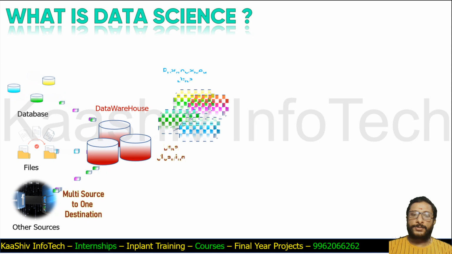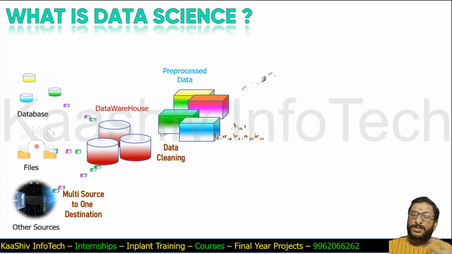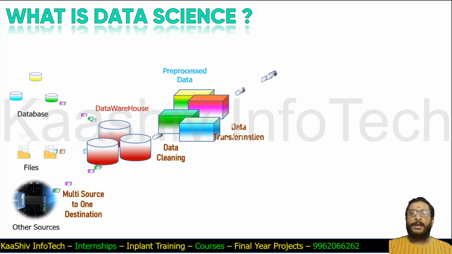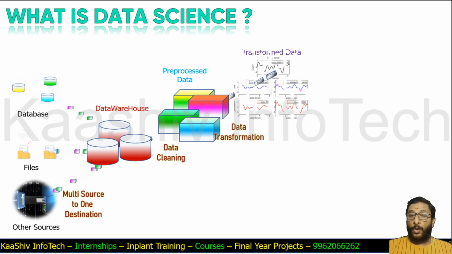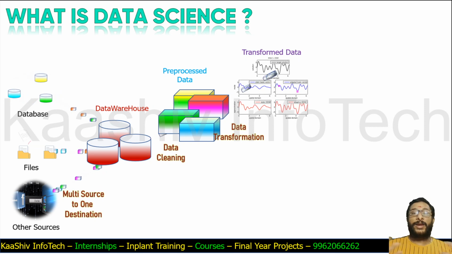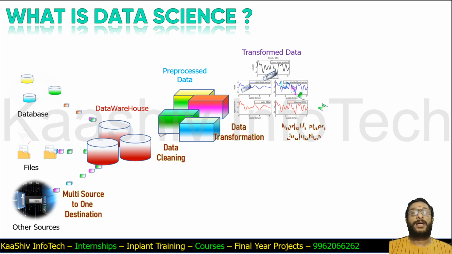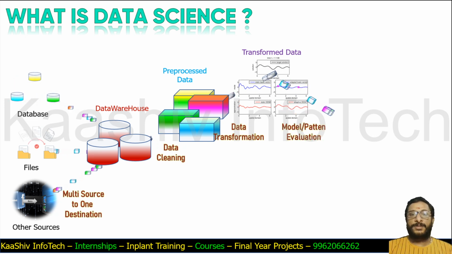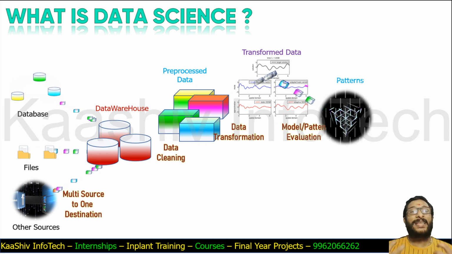Once the data warehouse is ready, we need to convert it into meaningful data. So I pre-process the data, I clean everything, and now I'm trying to transform it into meaningful data. Now I have meaningful data which can be used for visualization or creating some information and knowledge, which is called transformed data. From this transformed data I will extract and make some decisions, which is called analytics.